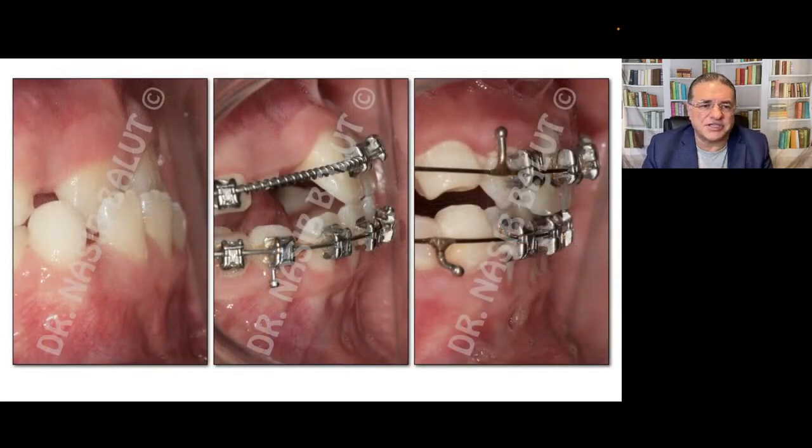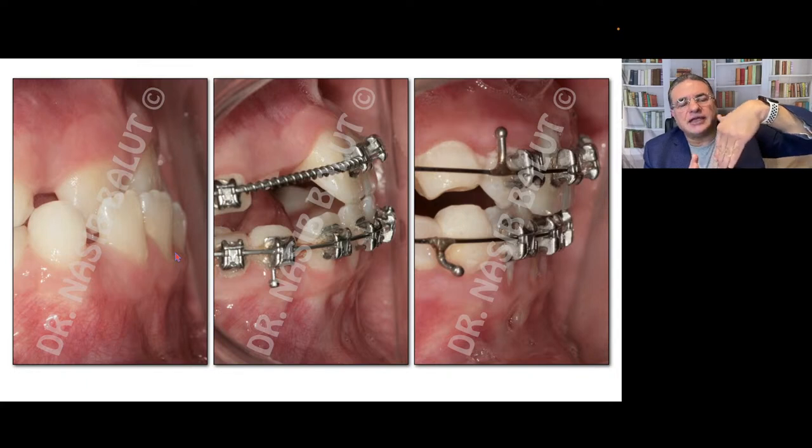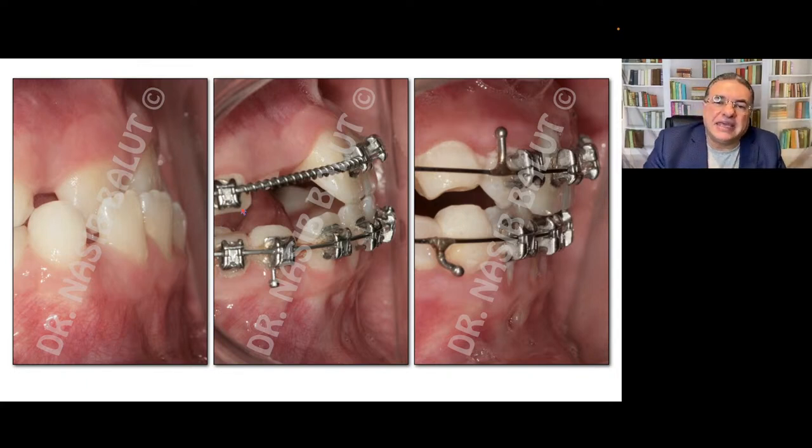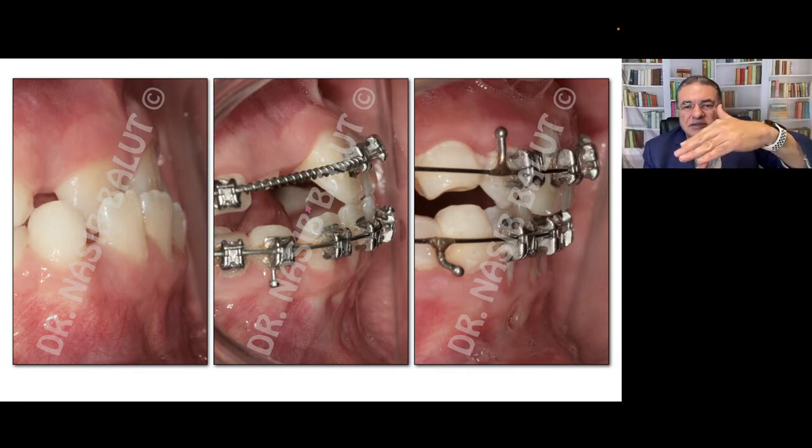This is the same patient. You will see the overbite to begin with is in a crossbite, anterior crossbite. Usually we have retroclined upper incisors. At the beginning of the treatment, because I'm using round wires, I will procline the upper anteriors.